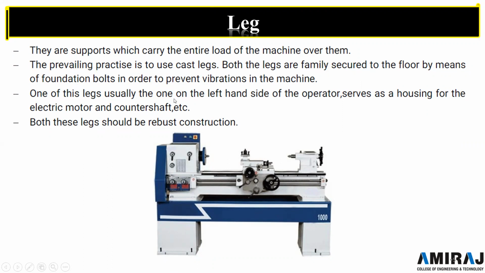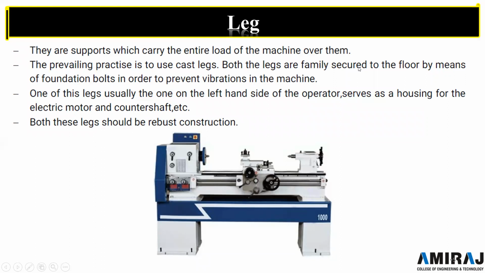One of the legs, usually the one on the left hand side of the operator, serves as housing for the electric motor and countershaft. Both these legs should be robust in construction. So this was about all the parts.